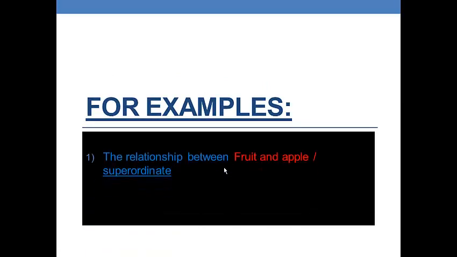For example number 1, I put the relationship between fruit and apples. You will be thinking, fruit is something to eat and apple is something to eat, why have we put them together? In linguistics, in the technical word, it's called superordinate. Super means the highest.